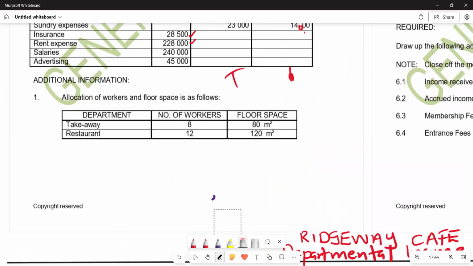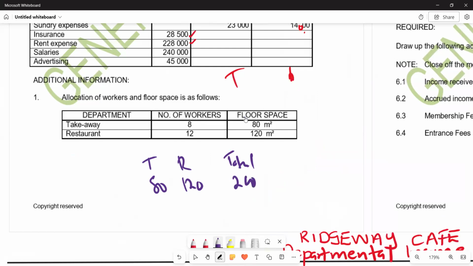So first of all, what is important is to find the denominator. And the denominator, you can only find it by adding the 2. So we are saying takeaway, restaurant, and we are having 80 for takeaway and then 120 for restaurant. So the simple part is find the total, whereby we are saying 80 plus 120, and obviously we are going to get your 200.